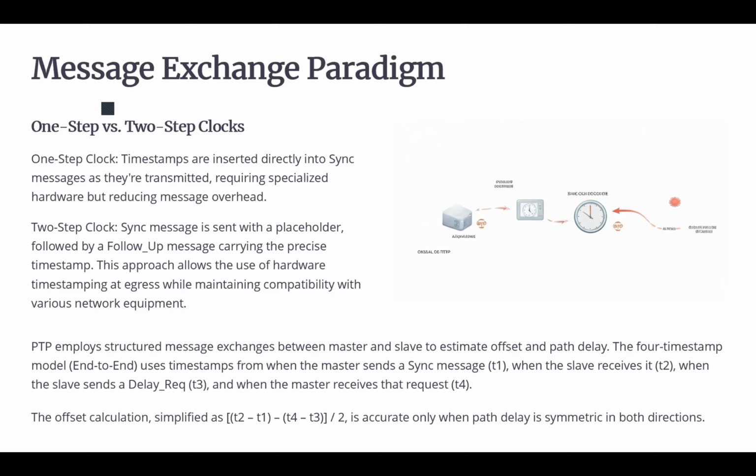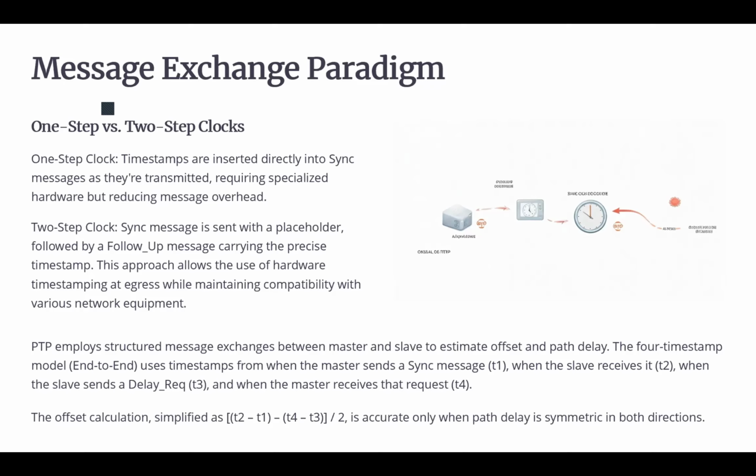We show it as T1, T2, T3, and T4, and then the clock offset is calculated from those times using a very simple formula that you can see in the slide. This formula compares the time the messages took to travel each way, and estimates how far the slave clock is behind or ahead of the master.